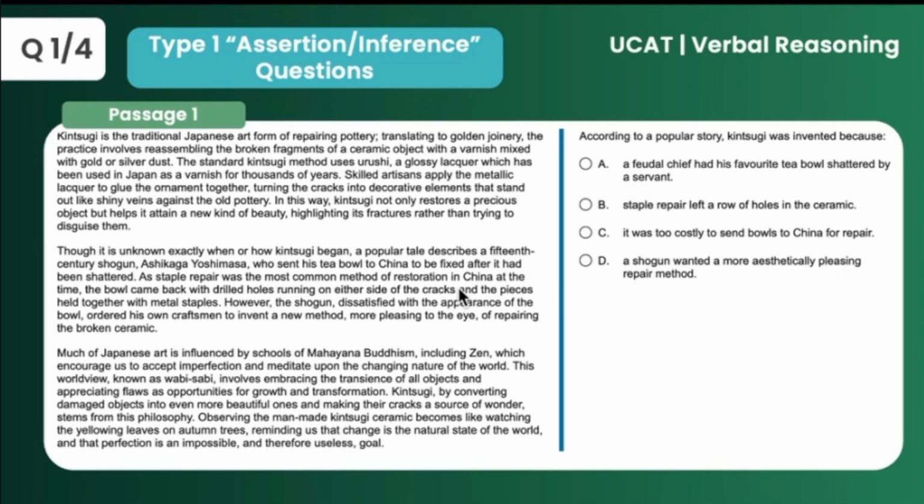If he hadn't wanted that, then the staple repair would have been fine. Even though B and D are both true, what directly led to the kintsugi invention is that he wanted an aesthetically pleasing repair method, not necessarily that there was a row of holes, because he could have decided that the row of holes was aesthetic and he liked it.